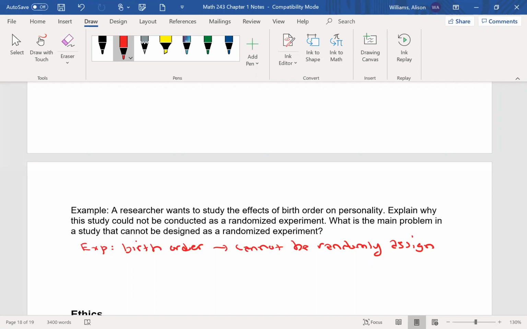And that's the problem. So not having a random assignment means that we're going to possibly have issues with lurking variables. And it's possible then that there might be differences based on that reason and that reason alone.